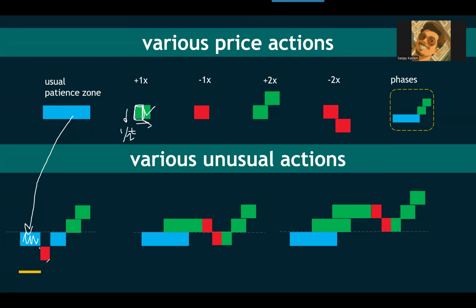So that means it can cover a sharp fall, and then it again comes back to PZ, right? If this happens, then price will run for this distance. The moment price is crossing this point, price will run for these 3 boxes, and no one can stop price from reaching this point.